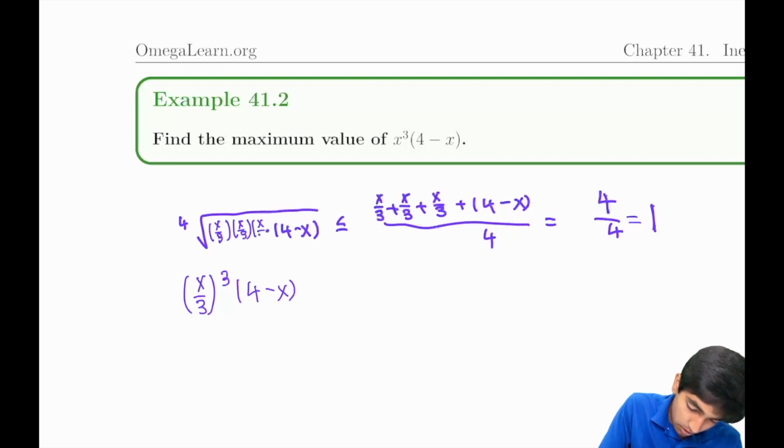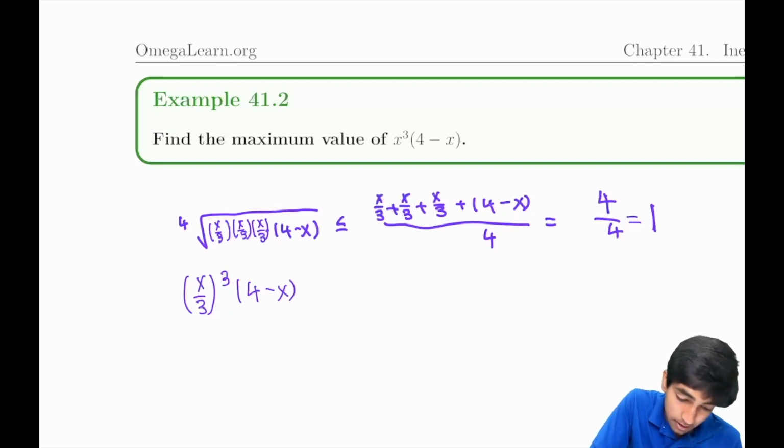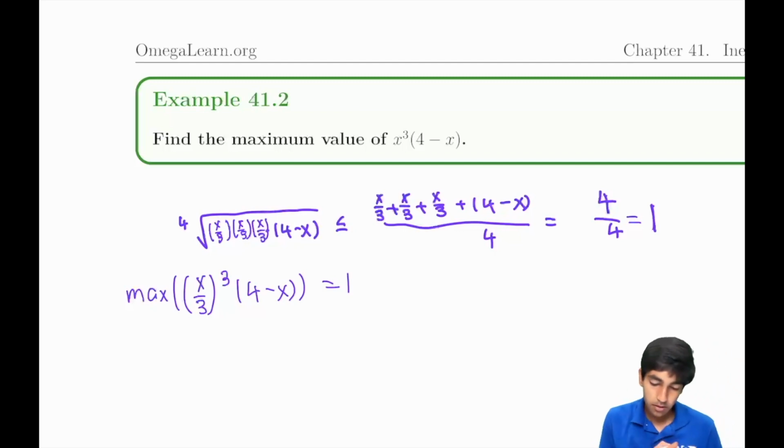But what we've just done is we found the maximum value of this quantity to be 1, which would imply the maximum value of this to also be 1. But we don't want to do that. We want to maximize this. We know the maximum of this. We're trying to find the maximum of this.